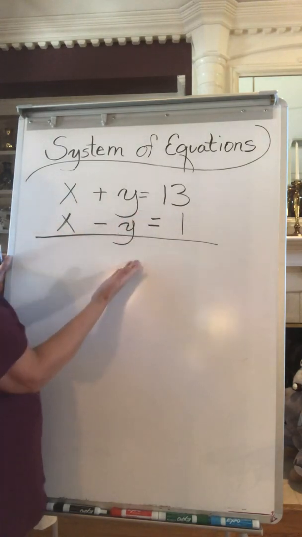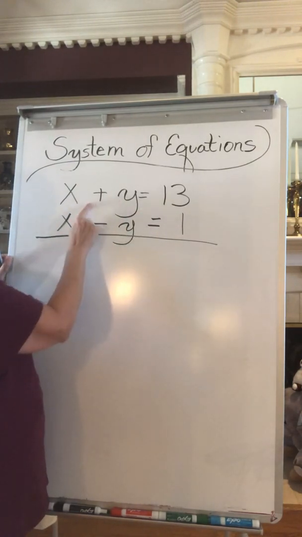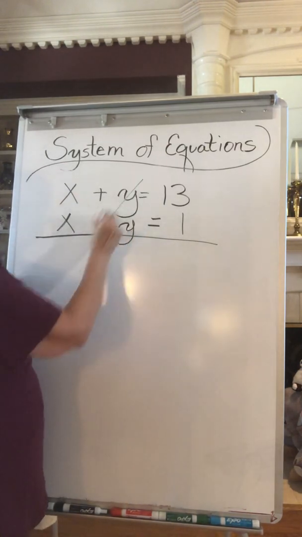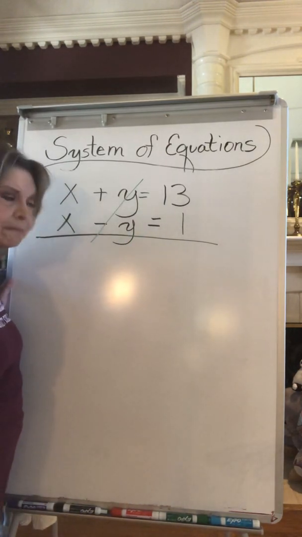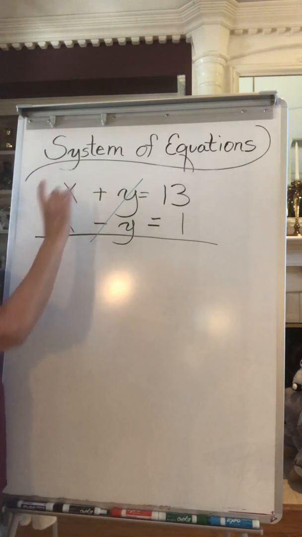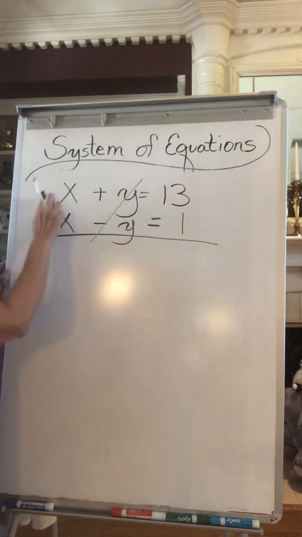So, let's look here at this. Negative y and positive y cancel each other out, don't they? They're not there anymore. So we can solve for our x variable.